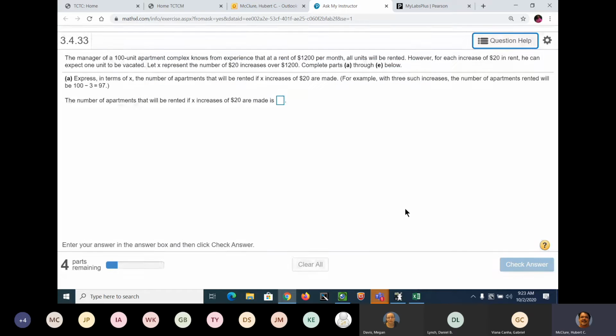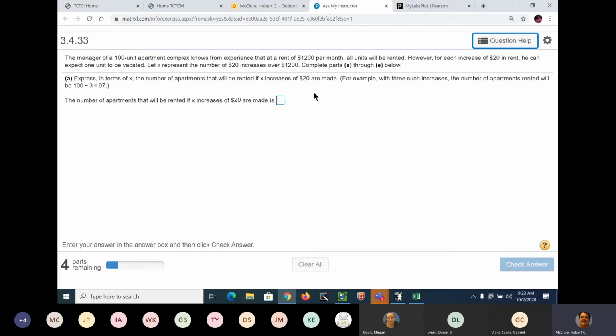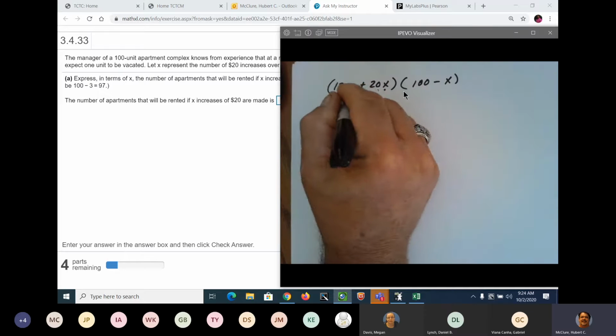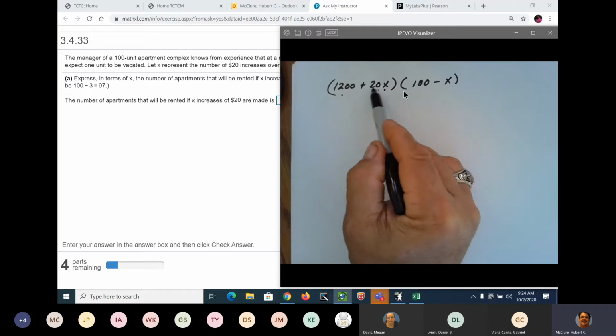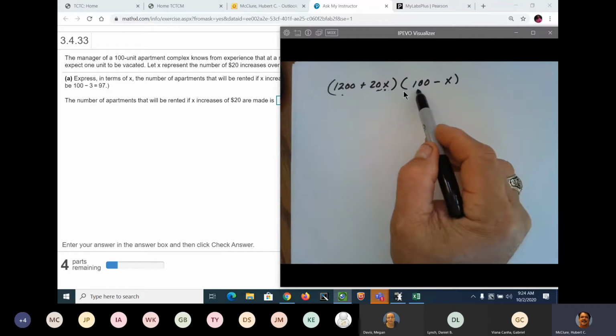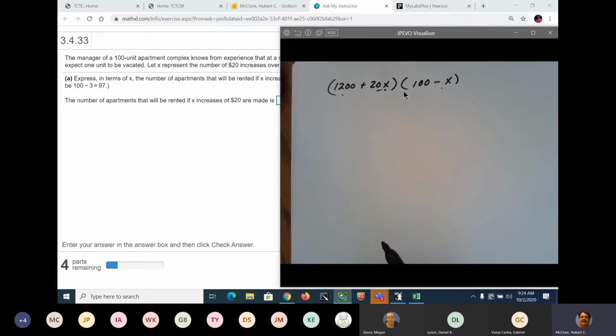This is the 1200 per month, and then this is the increase per each unit. Oops, hold on. This is the $1,200 total rent that comes in. This is $20 per unit. This is how many units you have minus the number of units, so X is still the number of units.